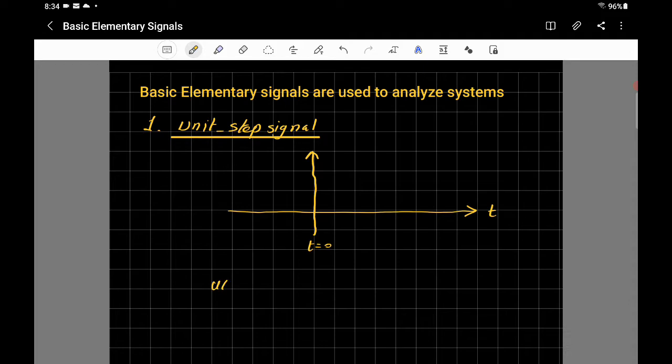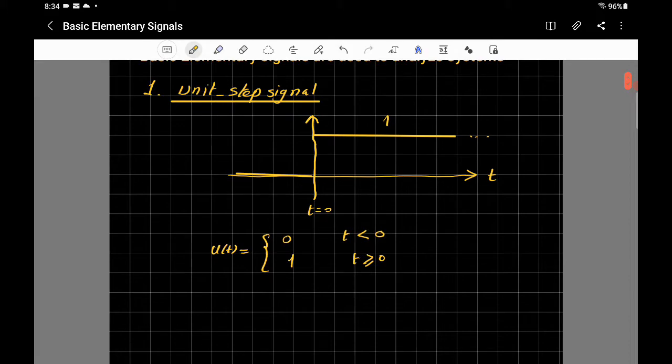The unit step signal is defined as equal to 0 when t is less than 0, and when t is greater than or equal to 0, it will be equal to 1. And it can continue till infinity. That's the unit step signal as a continuous time.